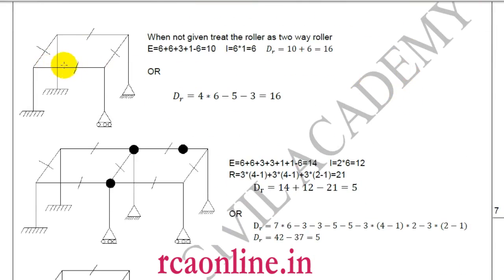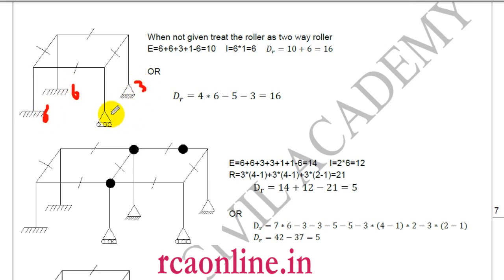This one. In this, if you do it by the conventional method, then for F3, this is a hinge. So this is 6, this is 6, this is 3. And if not given, you take it as a two-way roller.